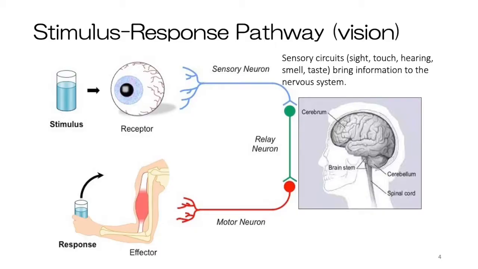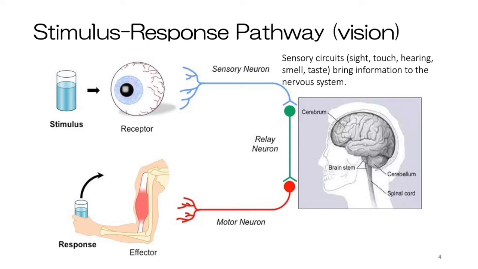So let's quickly review this stimulus response diagram. We started from stimulus and to the human being, starting from the sensory circuits, and we can perceive sights, and we can hear sounds, smell odor or fragrance, and taste different food, so on and so forth. And these sensory qualities, as we discussed last time, will be brought to our nervous system, our brain.